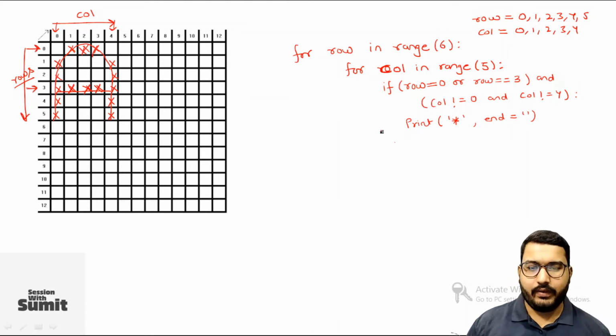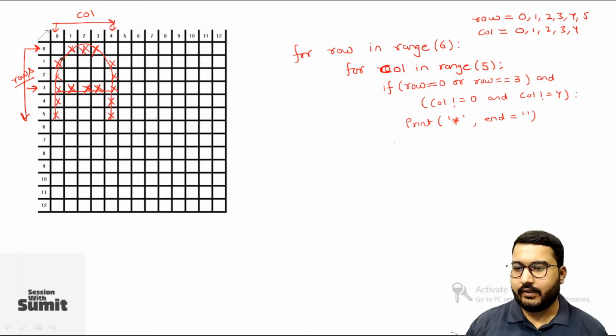So now we are required to write the conditional statement for taking care of these crosses, which is for column number 0 and column number 4, and for row number 1 to row number 5.